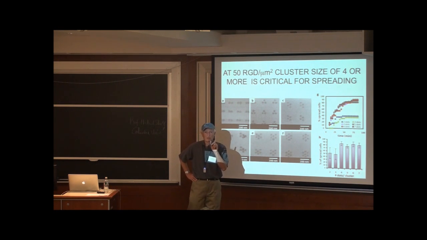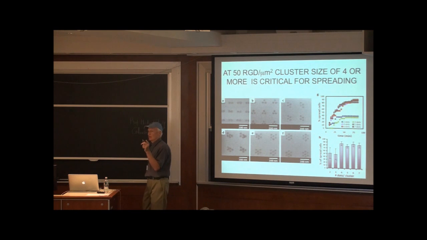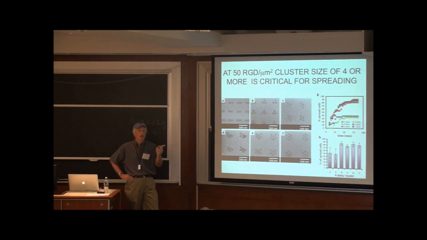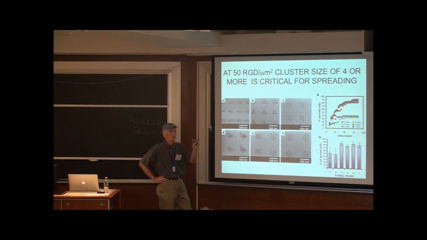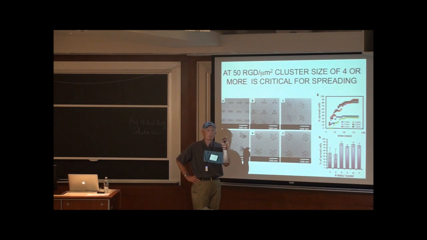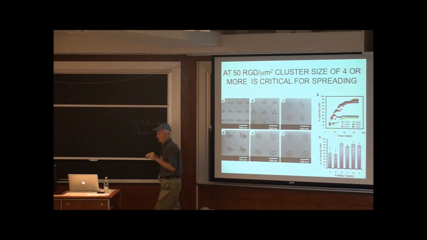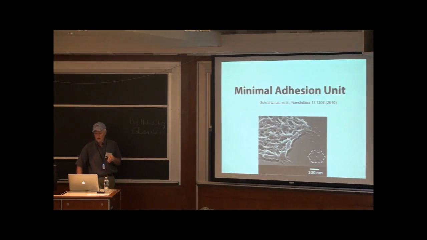So, what this is emphasizing is that you need to have a certain number of integrins, a minimum number of integrins of about 3 or 4, clustered within 60 nanometers to get an adhesion that will support the spreading of the cell. Okay. So we come up with a concept of a minimal adhesion unit here.